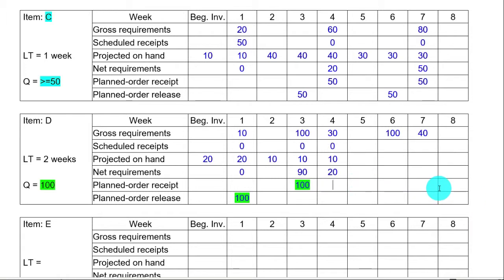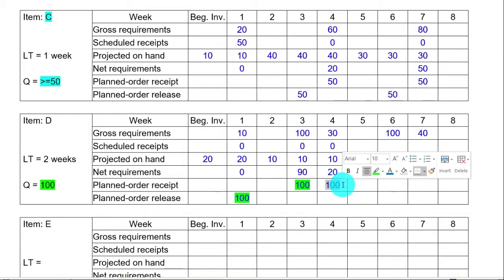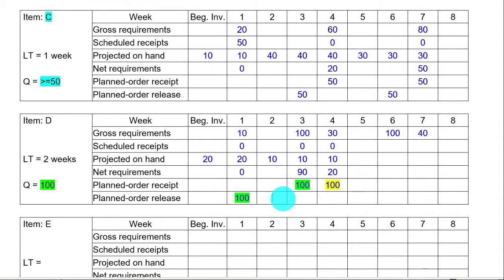One lot is enough, 100. So 100 arrive in week 4. You place an order right here in week 2. So 100 arrive, you use 20, you have 80 on hand.